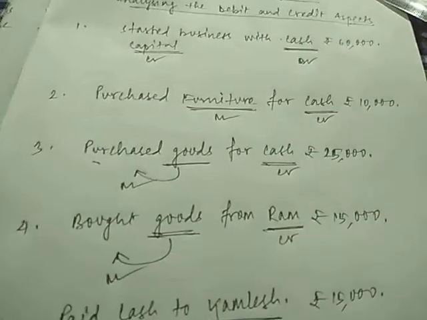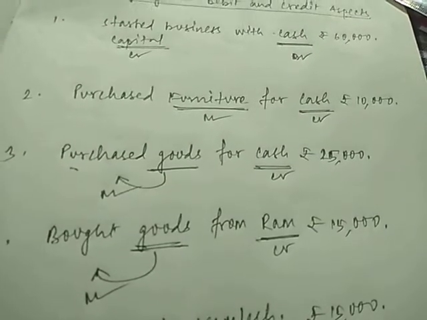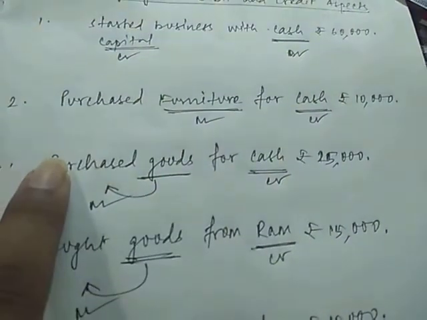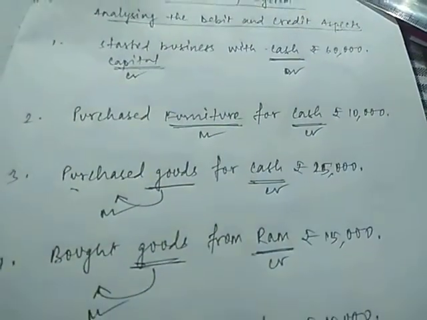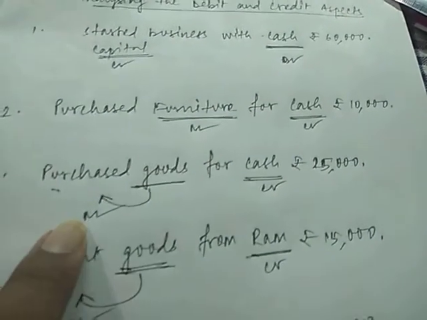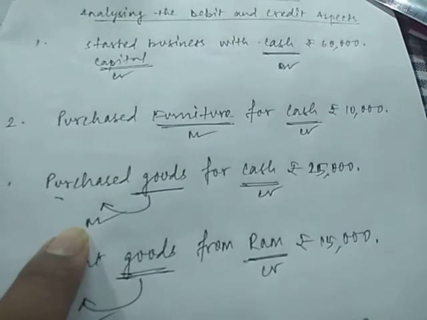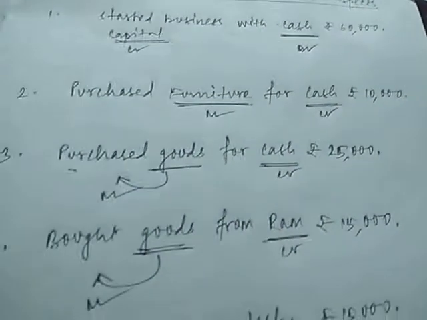The transaction is purchased goods, but we will write purchase. So I have written goods here, and just marked an arrow, we will write purchase. Whenever we purchase goods, we write purchase, and purchase will be debit. So purchase will be debit and cash will be credit.